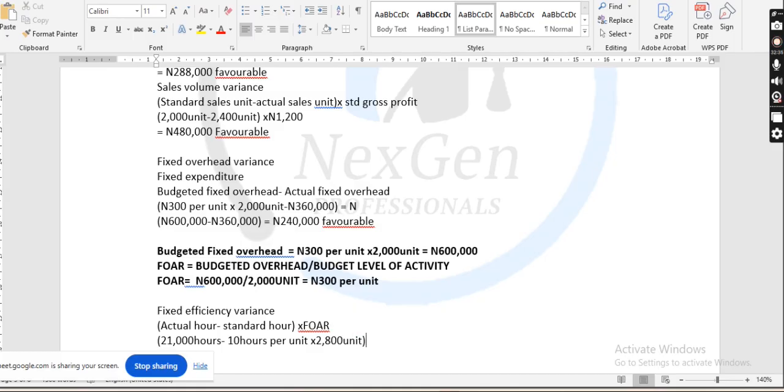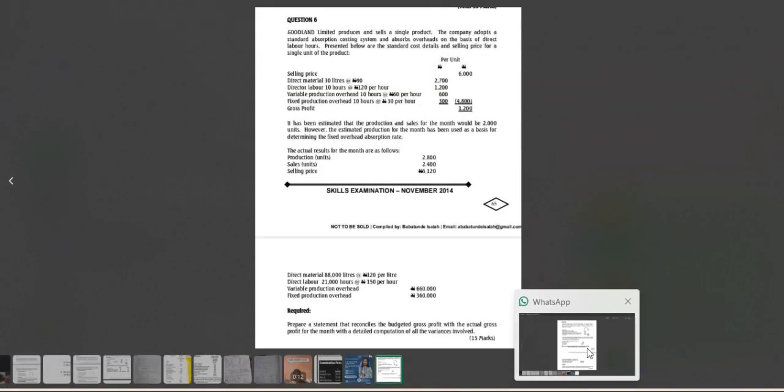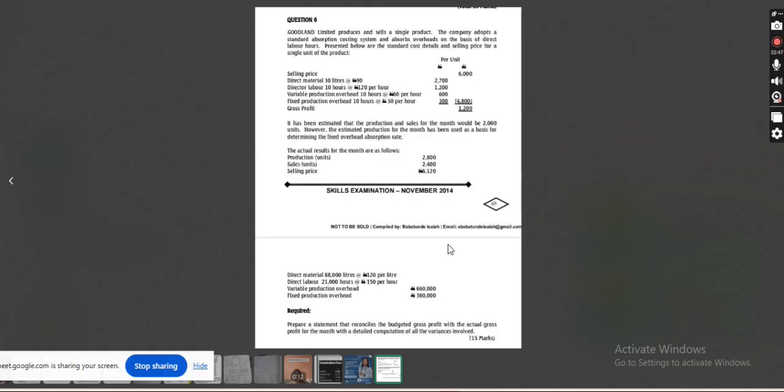So what is the overhead absorption rate? The overhead absorption rate is 300. Sometimes the overhead absorption rate may be based on labor hour. Assuming in this question it is based on labor hour, you will just use this 30 naira per hour as your basis of overhead absorption rate. But because the basis of overhead is the unit, not the hour, you can as well use the 300 naira per unit, but I want you to arrive at that 300.